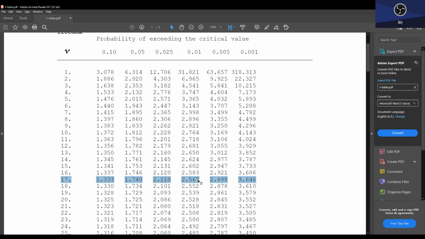Should be here, right? And then you look at the alphas. It's 0.01 and 0.005. That means my p-value, according to the table, even though I couldn't find an accurate p-value, should be between 0.005 and 0.01.